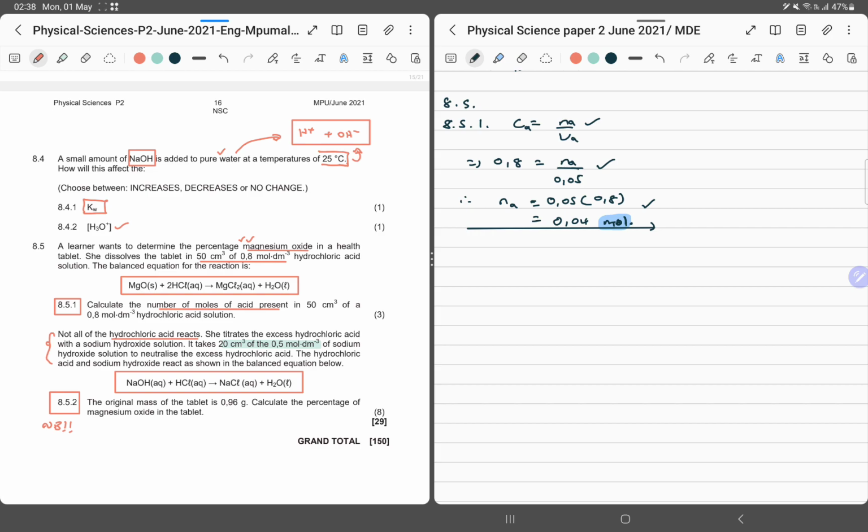Now it says here, the original mass of the tablet is 0.96 grams. That is the health tablet. Now calculate the percentage of the magnesium oxide in the tablet. This is more of a grade 11 question integrated into grade 12.